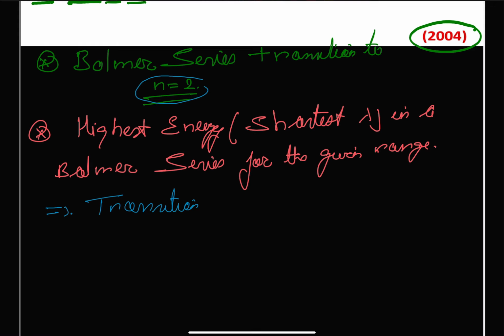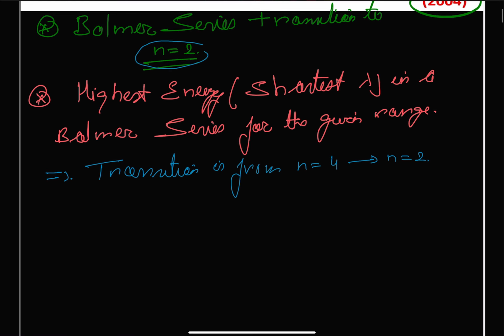So the transition is from n equal to 4 to n equal to 2. Therefore, corresponding to these two values of n, we are going to find out the energy associated with each level.